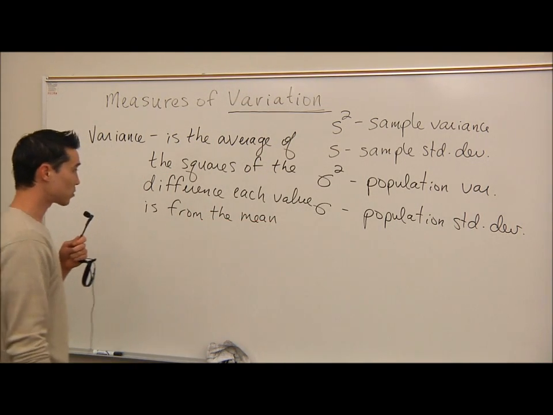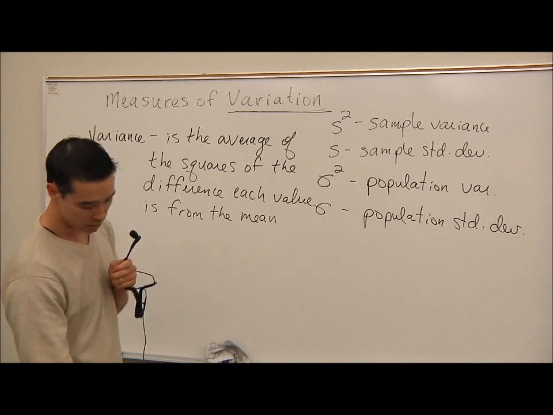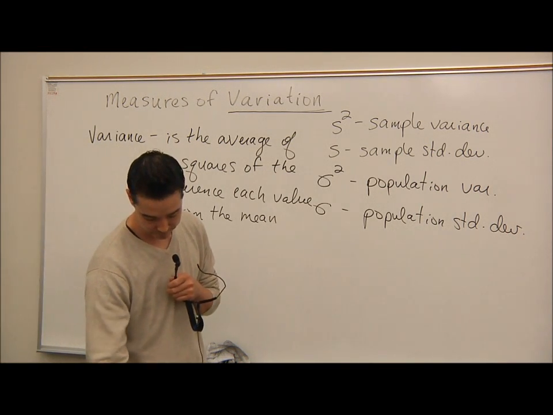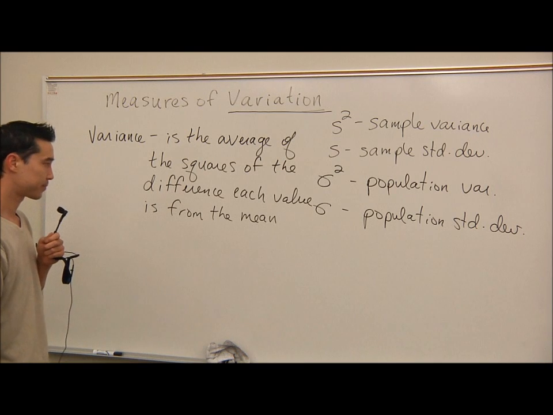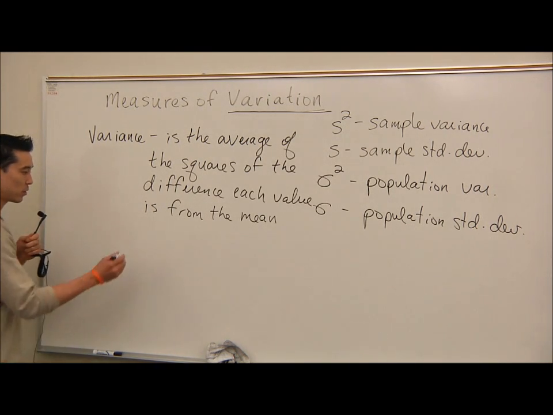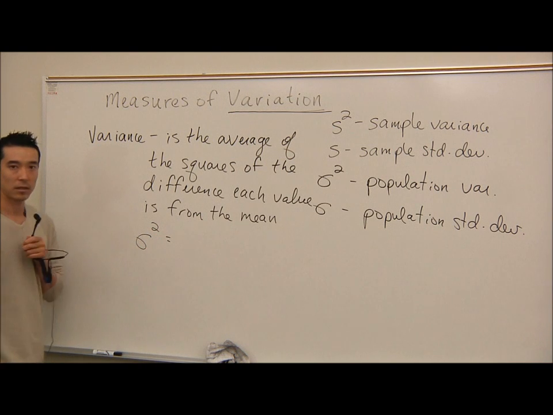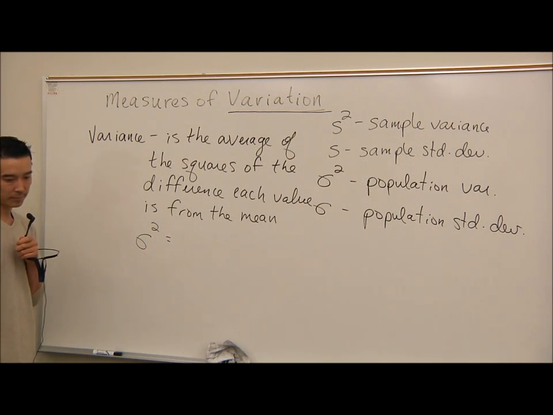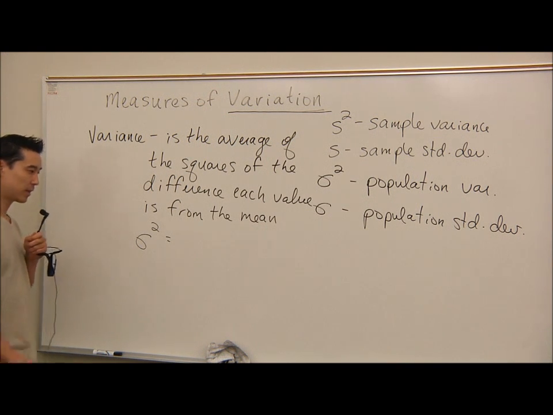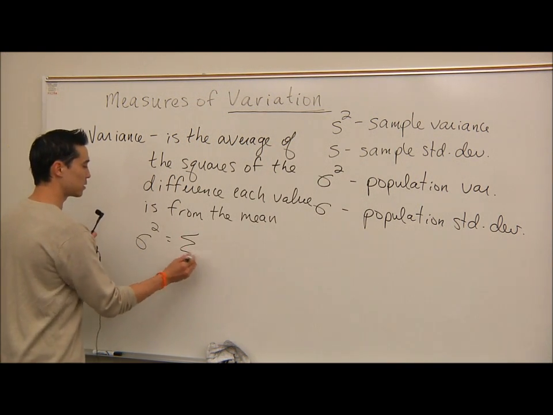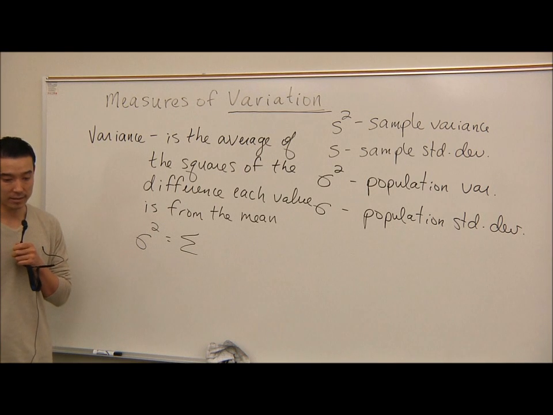The average of the squares of the difference each value is from the mean. Okay? So let's do population variance first, because the sample variance has just a slightly different formula. Population variance is going to be summation. Again, we're adding stuff.